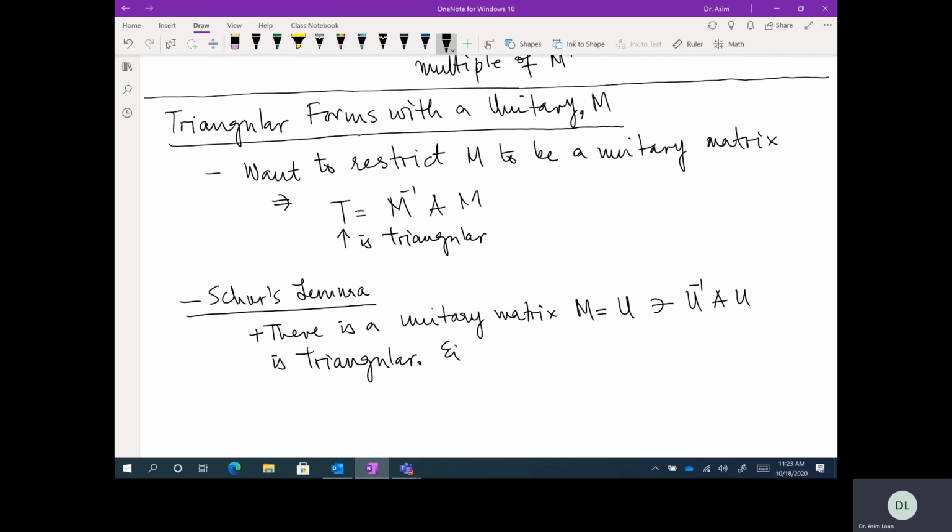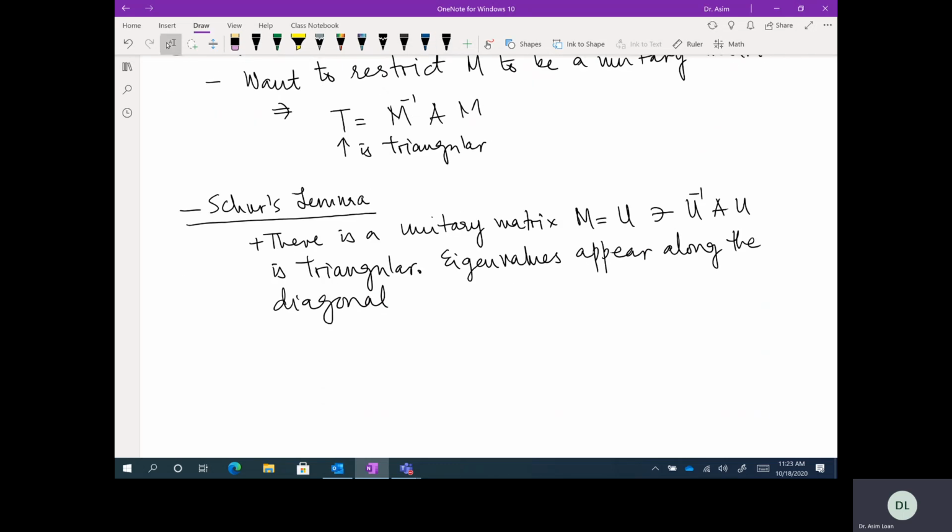So if you recall, for a triangular matrix, eigenvalues appear on the main diagonal. So eigenvalues appear along the diagonal. So this also means A is similar to T. So along the diagonal of this similar matrix.